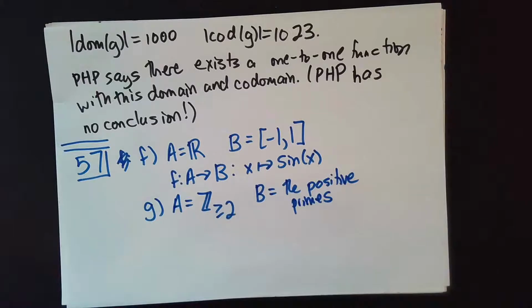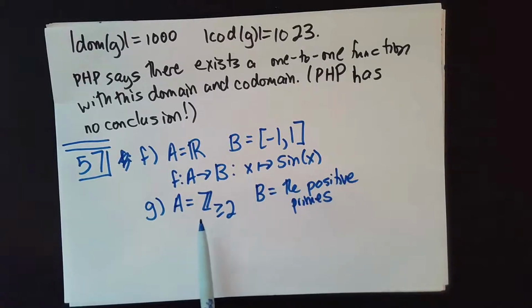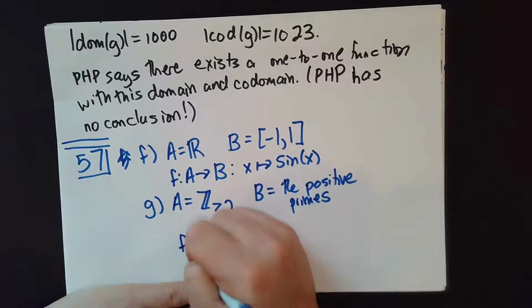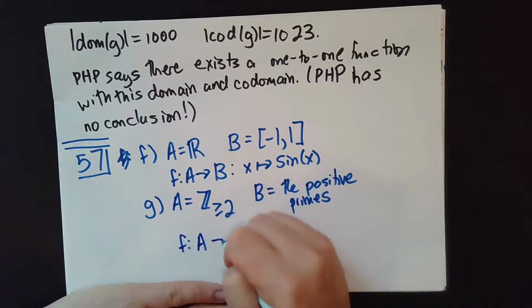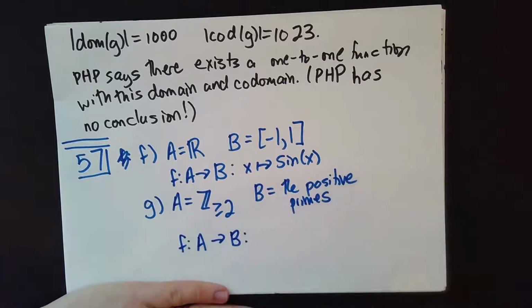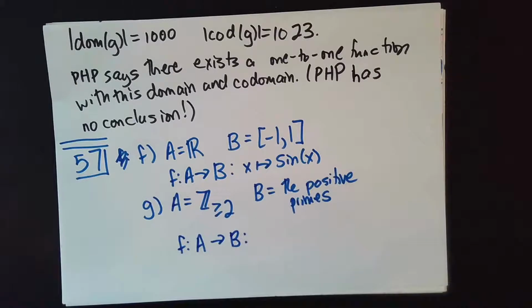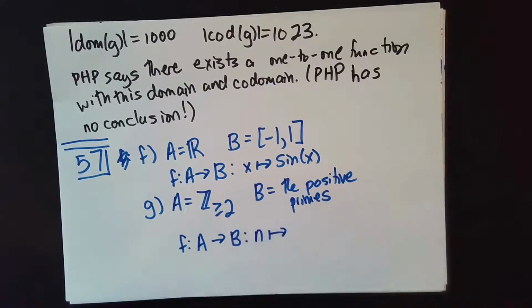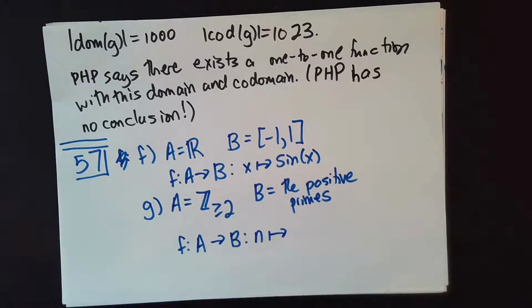This is probably the question I was asked about the most, which is about how am I supposed to start with an integer and end up with a prime? And I think the key here that is worth reiterating is that your function does not have to look like an algebraic formula. So if you try something like send n to n squared plus n plus 41 or something, it is not going to work super well.